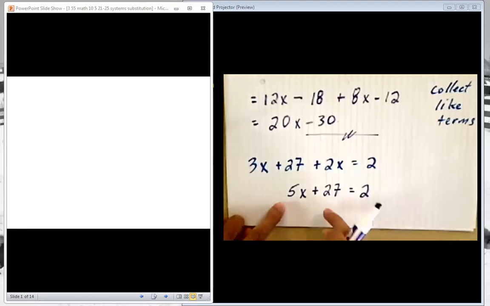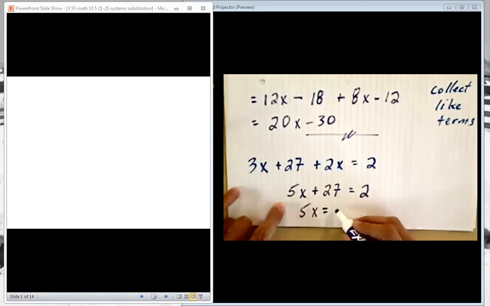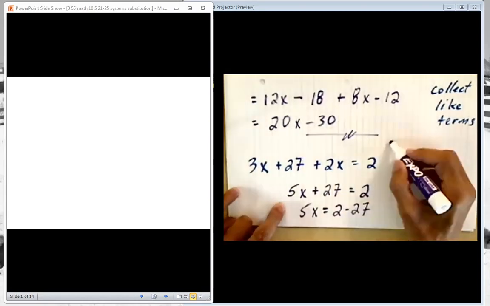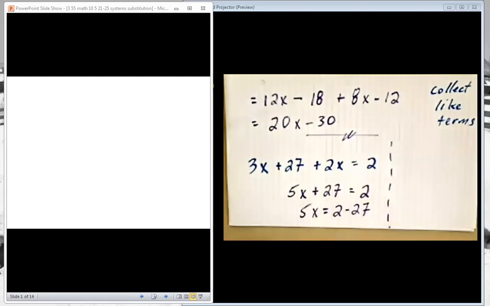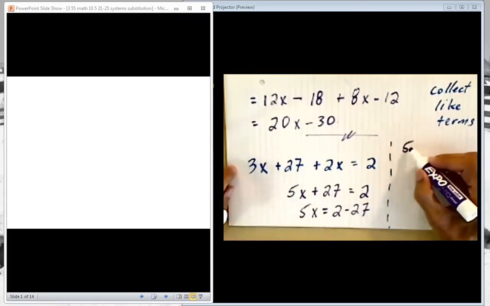Move the 27 over. What do we get? 2 minus 27. Clever. Zoom says 2 minus 27, which gives the answer, but doesn't give the answer. No, it's smart. Okay. No, what is it? You bought yourself a little bit of time. Minus 25?